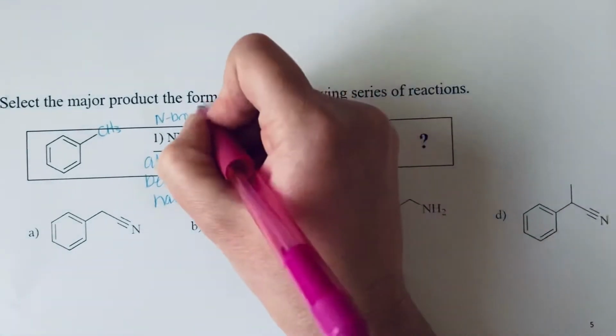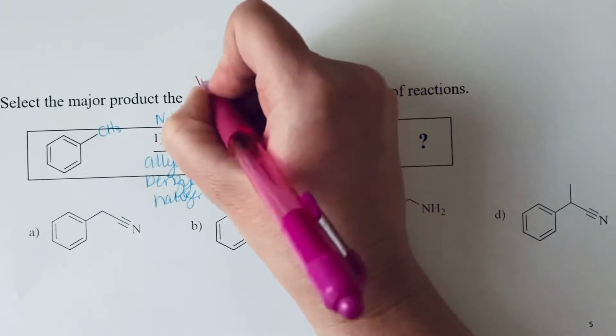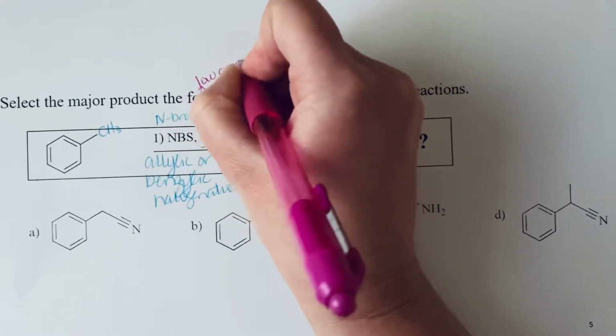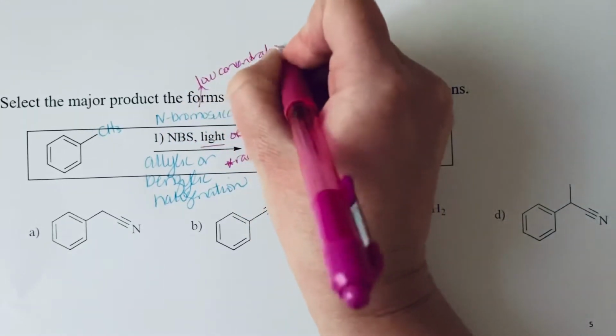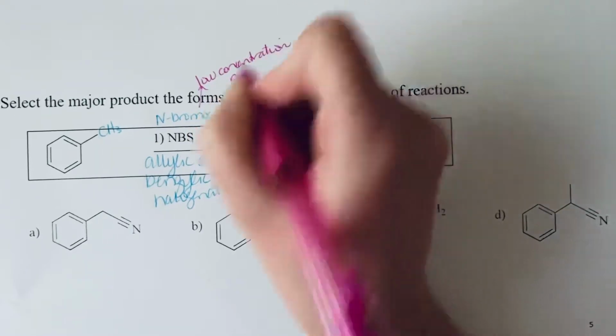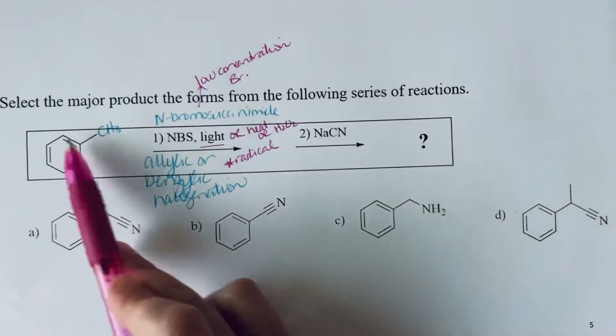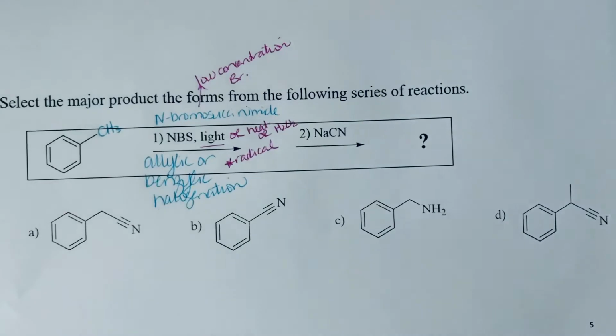So what the N-bromosuccinimide does is it provides a low concentration of the bromine radical. And that's necessary when you're dealing with a benzene ring or an allylic system that has an alkene, because either of those pi systems could react with molecular bromine.